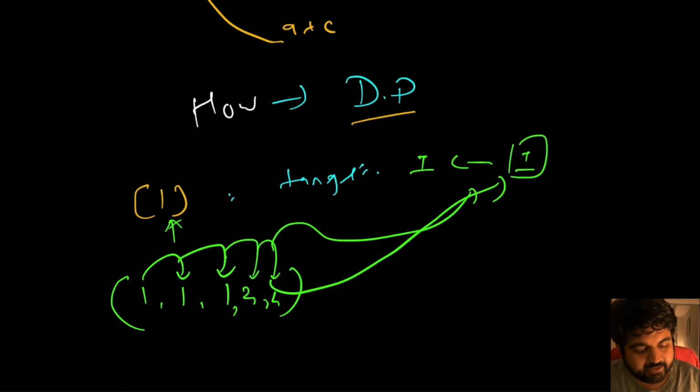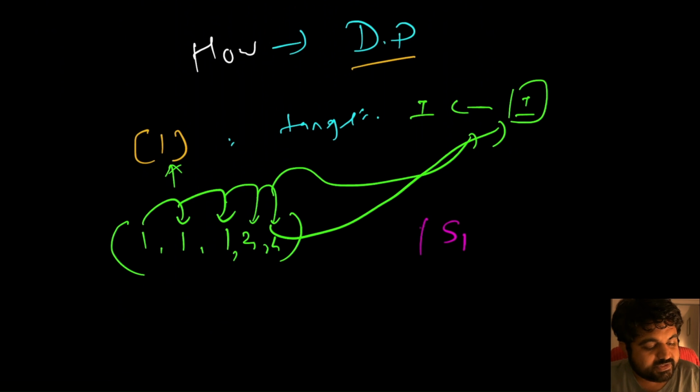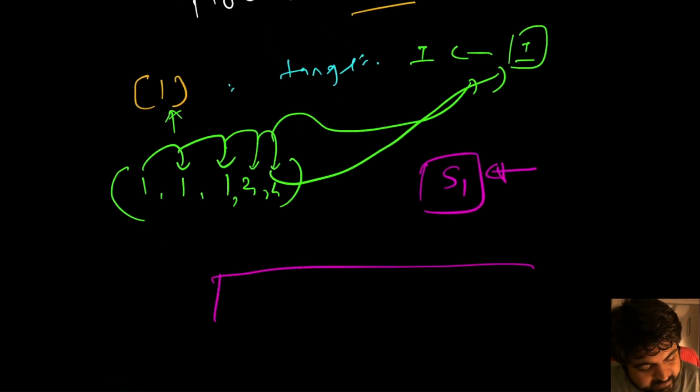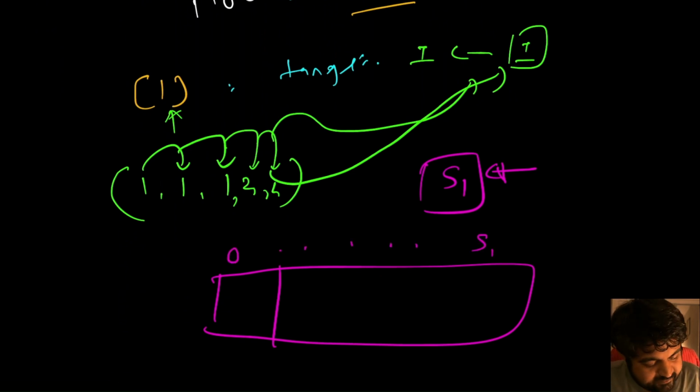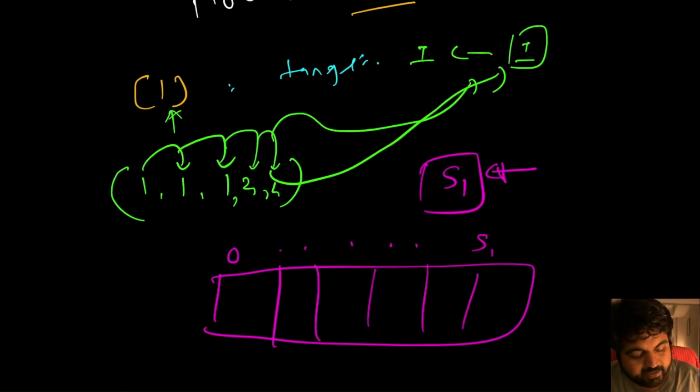On top of it, our s1 also changes. So what I'm suggesting is that instead of focusing on how many different ways we can generate s1, why don't we just generate the entire sequence starting from 0 all the way up to s1, that is, how many different ways we are able to generate each particular element, and that we can calculate very easily using every single number that we are given.